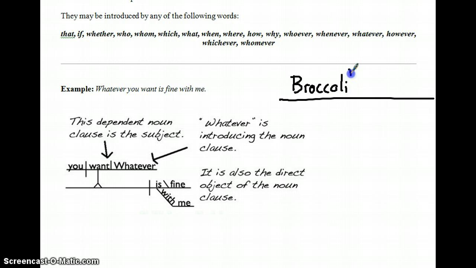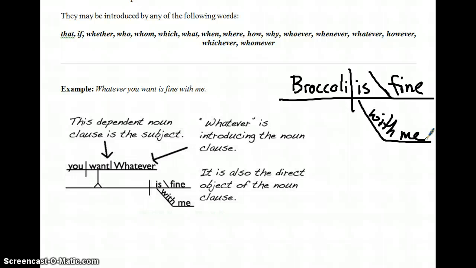Broccoli is, what is it? Here's my predicate adjective. It's fine. And with me is a prepositional phrase, and it goes under the verb because it's acting like an adverb, right? So that's pretty basic. Now, we do that same process down here, except now we replace broccoli with a clause.